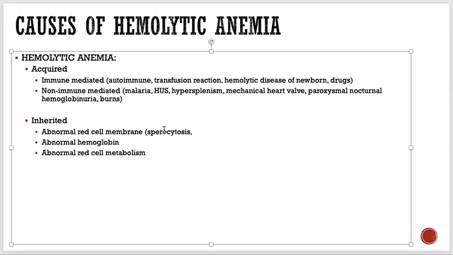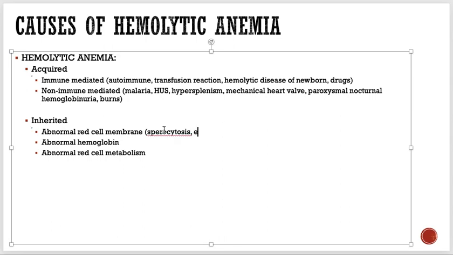So there is some membrane abnormality in which the cells are like balls. Remember, a biconcave shape is good because the RBCs can be squeezed while passing through the capillaries, whereas spheres cannot sustain that and they burst, and that's why it will lead to hemolytic anemia.